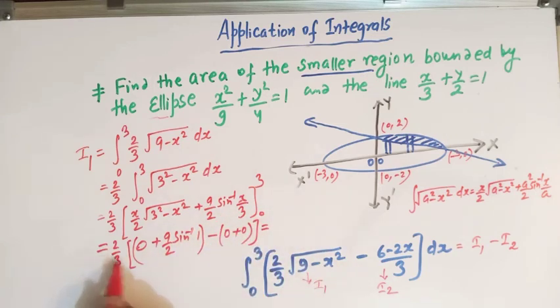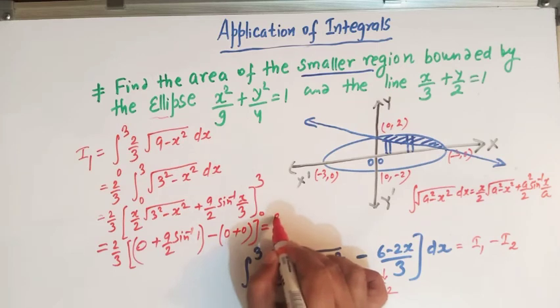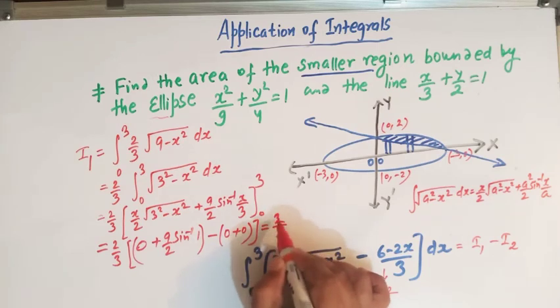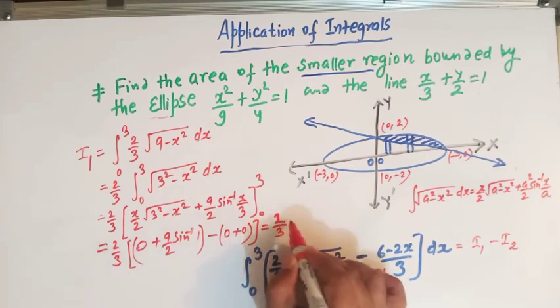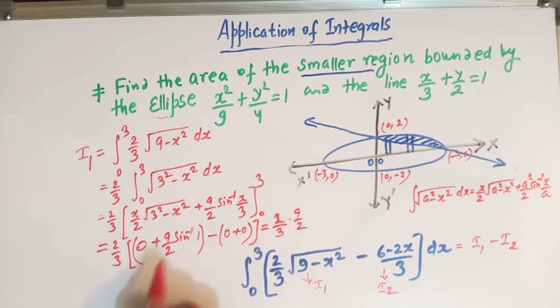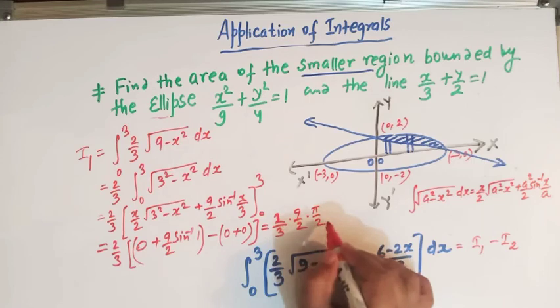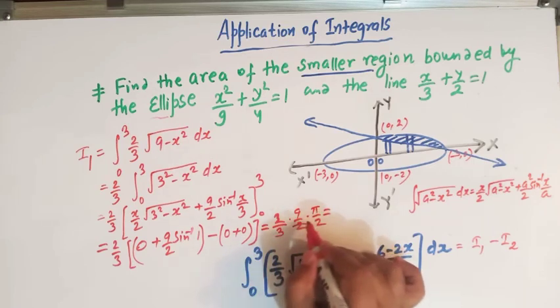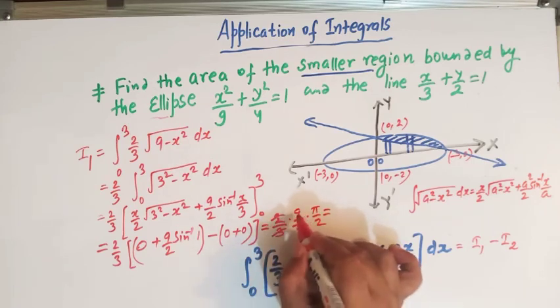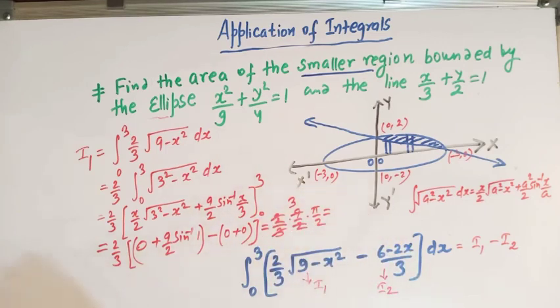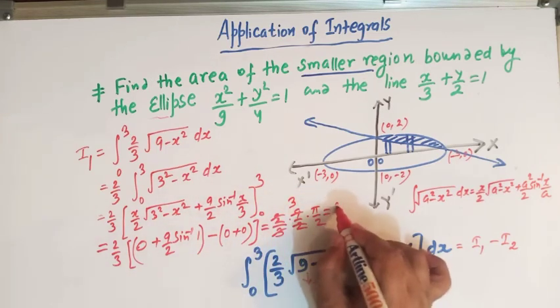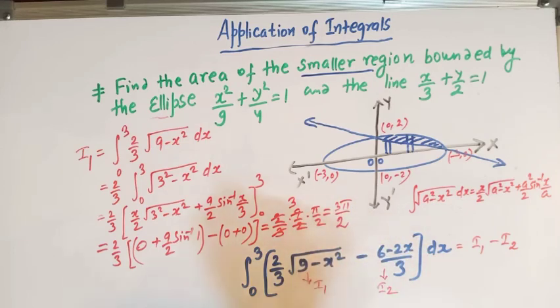And this is equal to 2 by 3 times 9 by 2 sine inverse 1. Sine inverse 1 is pi by 2, and the 2 and 2 get cancelled, so we have 3 3s are 9, and this is 3 pi by 2, right?